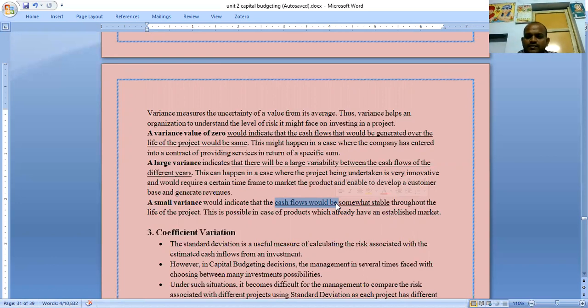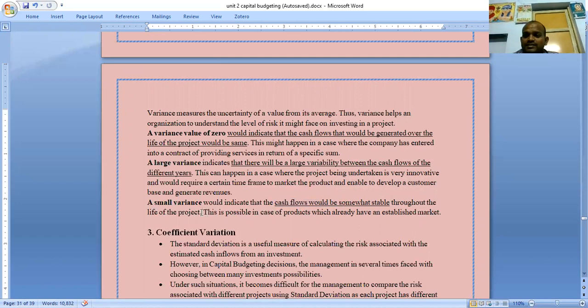If we are expecting 10,000, with small variance we are getting 9,500, 9,600. So it is very close to the expected one, not exactly. So cash flows would be somewhat stable throughout the life of the project.